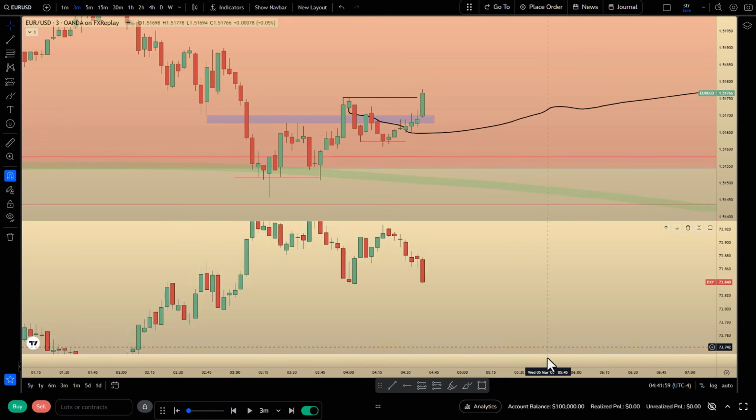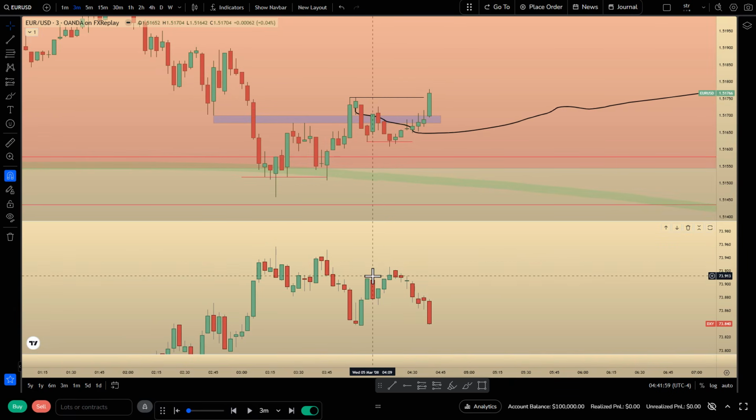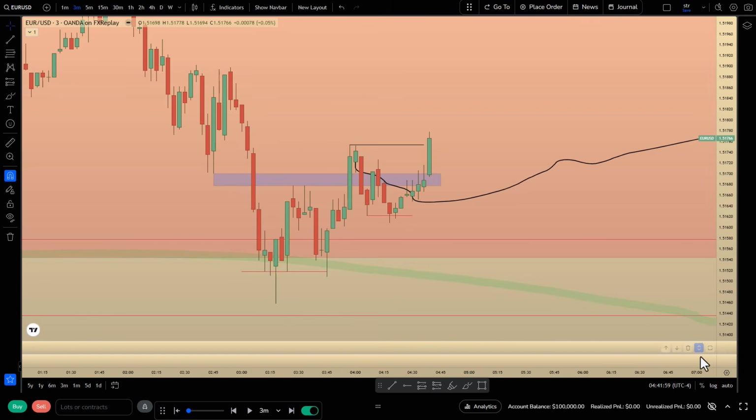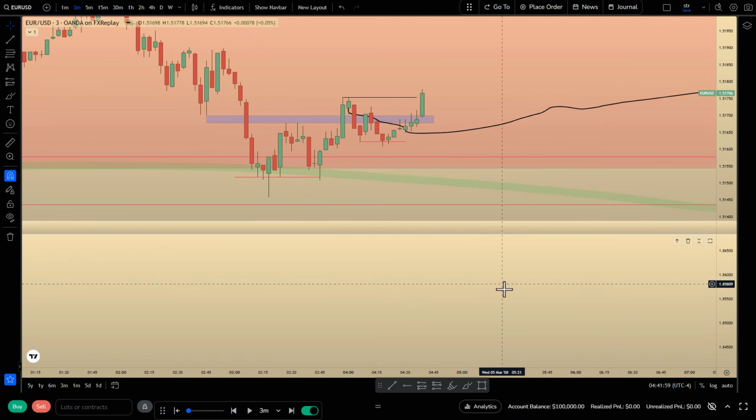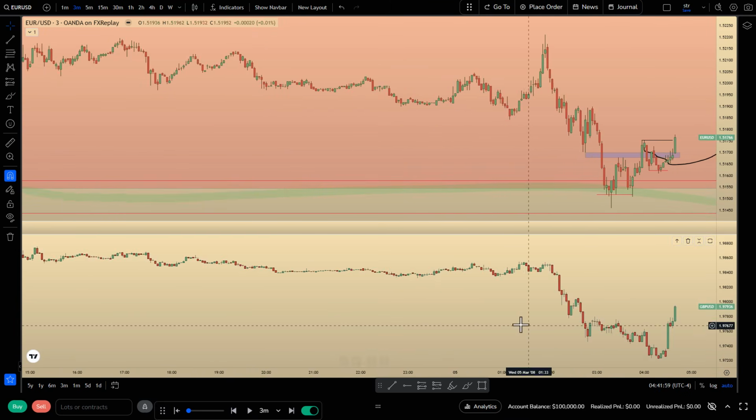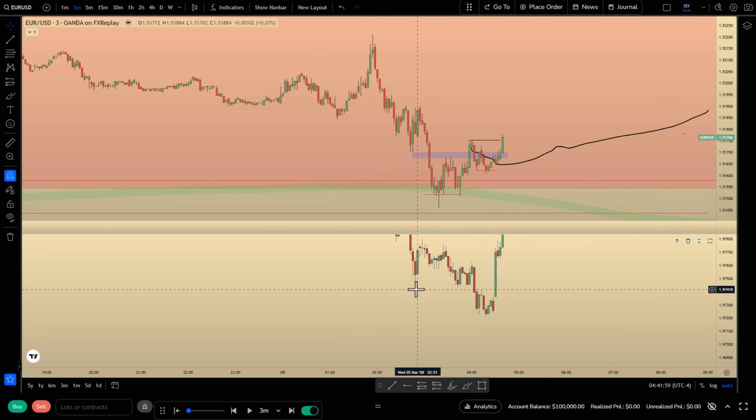Let me go to the DXY. There is nothing here. What about GU? Do you have anything on? Yeah, alright, so we do have an SMT right here. So between the low from here, right? This is the low on GU, and you can see that we made a new low while on DXY we couldn't.